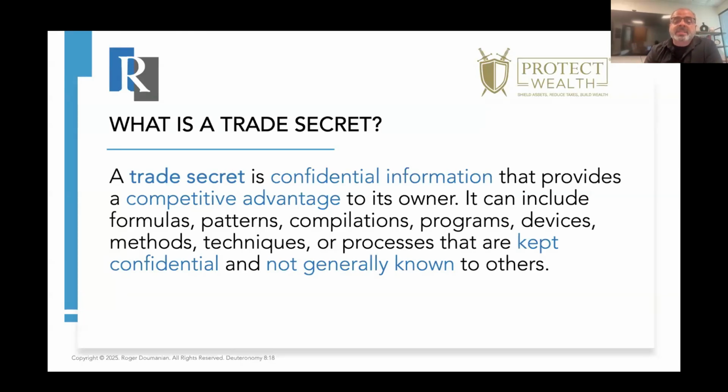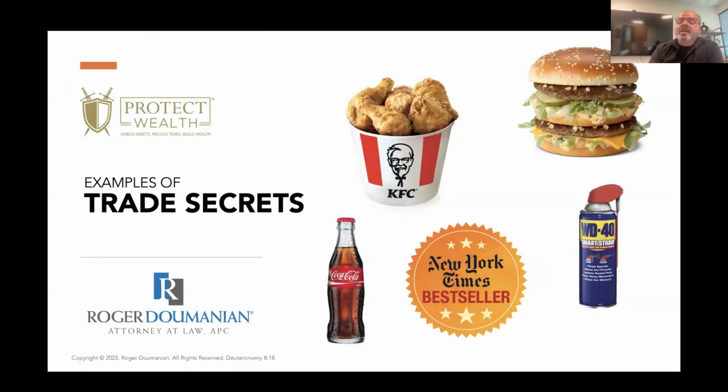And let's take a look at what some examples of trade secrets look like. So we all know Coca-Cola's formula has been a secret since the 1800s. The Big Mac sauce, you may or may not know, has a trade secret formula. No one knows what that formula is. McDonald's keeps that a secret. WD-40, the recipe for Kentucky Fried Chicken.